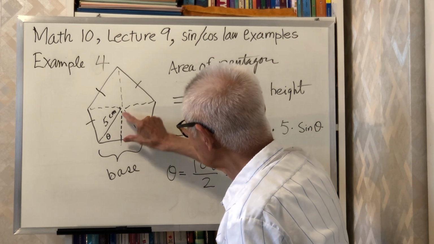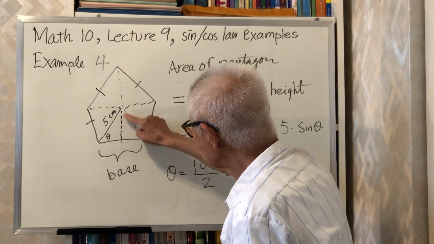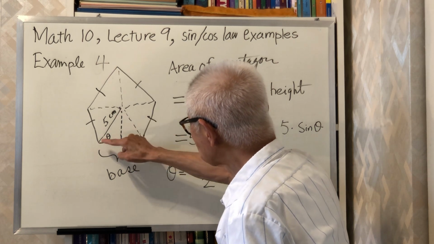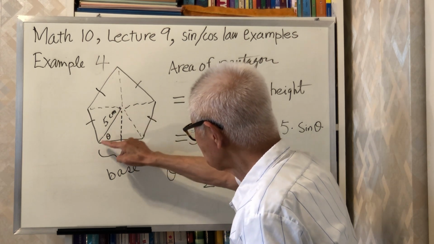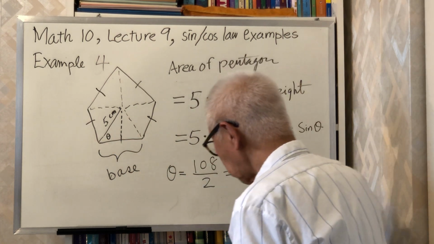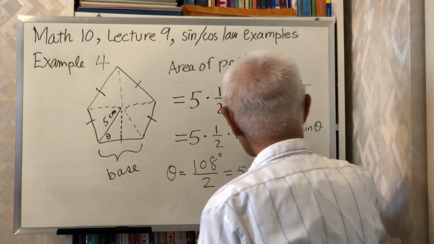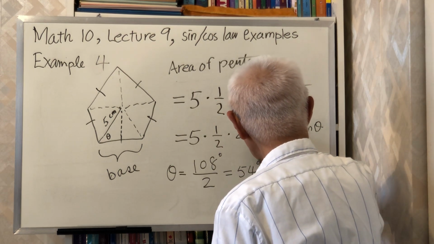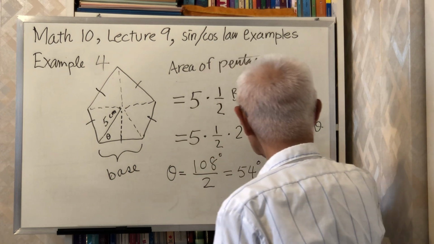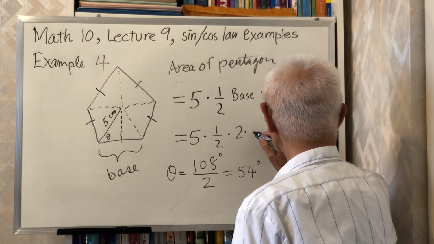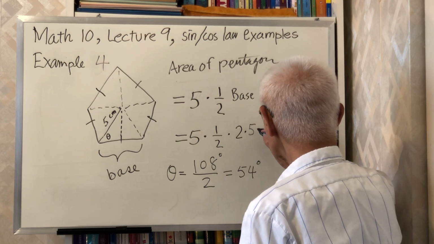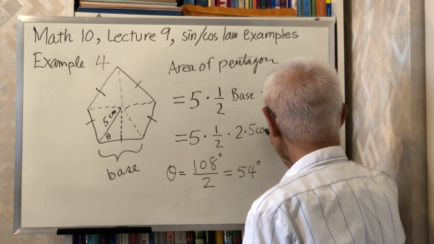If this is given, and if you want to find that, it's this side divided by tangent theta. But now it's different. The hypotenuse is given. You want to find this. This is cosine. So I was entirely wrong. This is not 5 over tangent theta. It's 5 cosine theta.